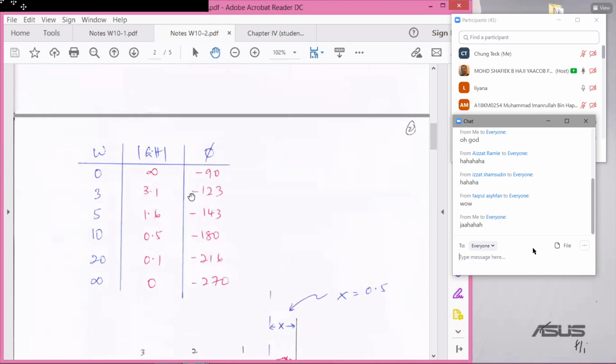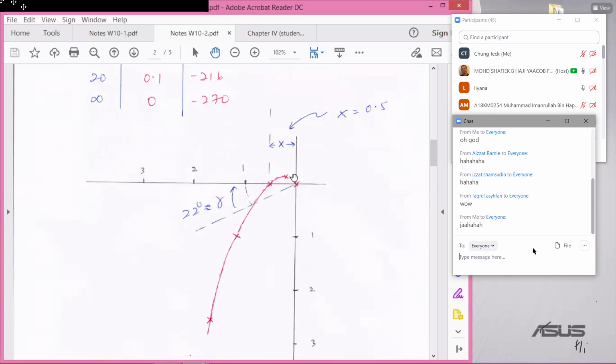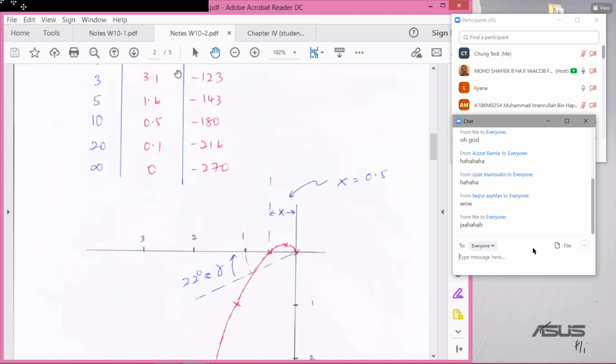So how much can you multiply this until your gain margin is going to be equal to 1? So here you already have 0.5. You can only multiply by 2. If you multiply this by 2, then your x is going to be equal to 1.